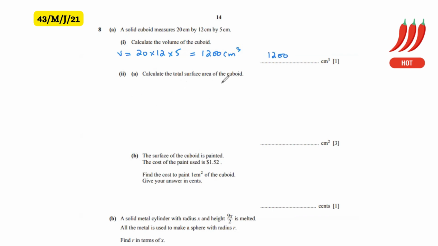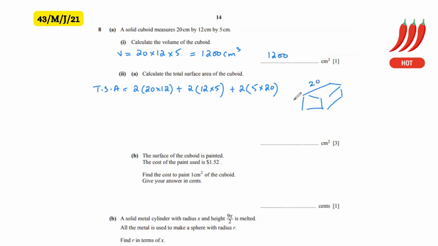Then it says calculate the total surface area of the cuboid. For total surface area, we do 2 times 20 times 12 plus 2 times 12 times 5 and then plus 2 times 5 times 20. Why? Because if we draw the cuboid, this is 20, this is 5, this is 12.